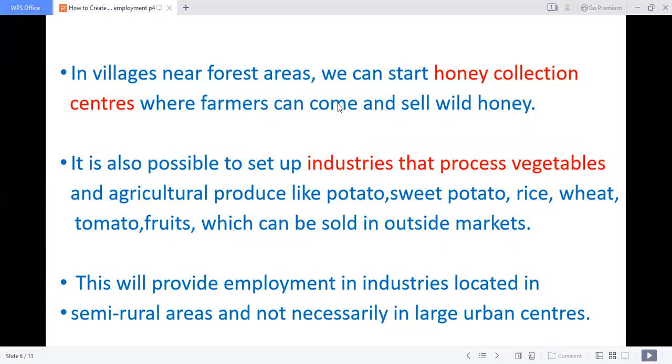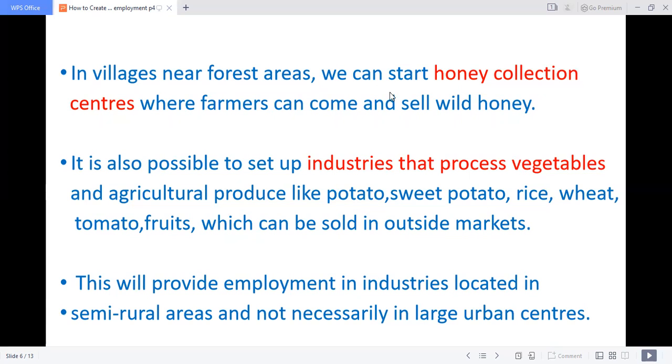But if the government starts honey collection centers in the foothills near the forest areas, it will be easy for those people to come, sell their collection, and go back to their place in the forest.